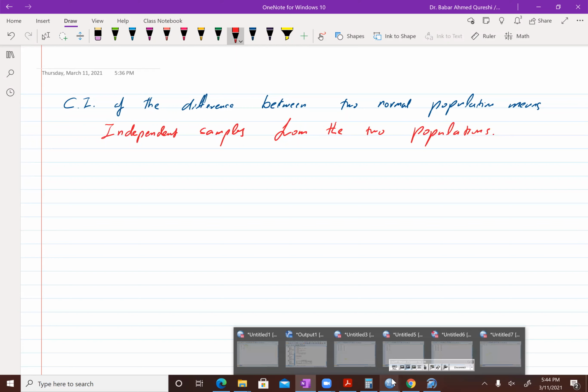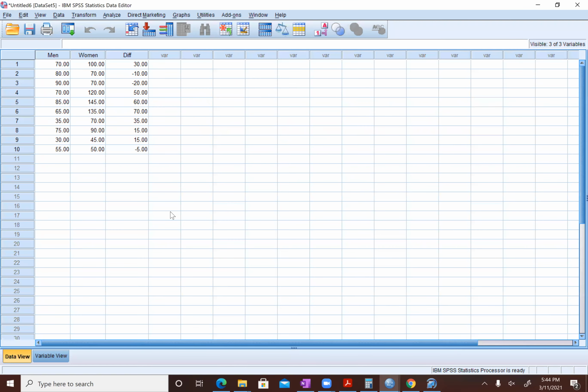So I gave this example last time. Suppose you are considering the time put into the household chores by men and women. If you take correlated samples, correlated in the sense that you have these two populations of men and women, but the person you pick from one population is correlated with the other.